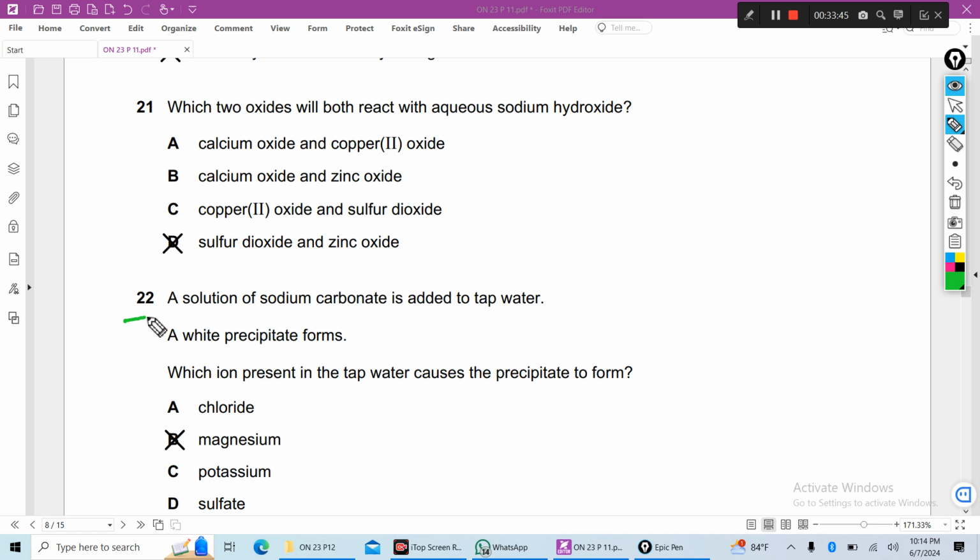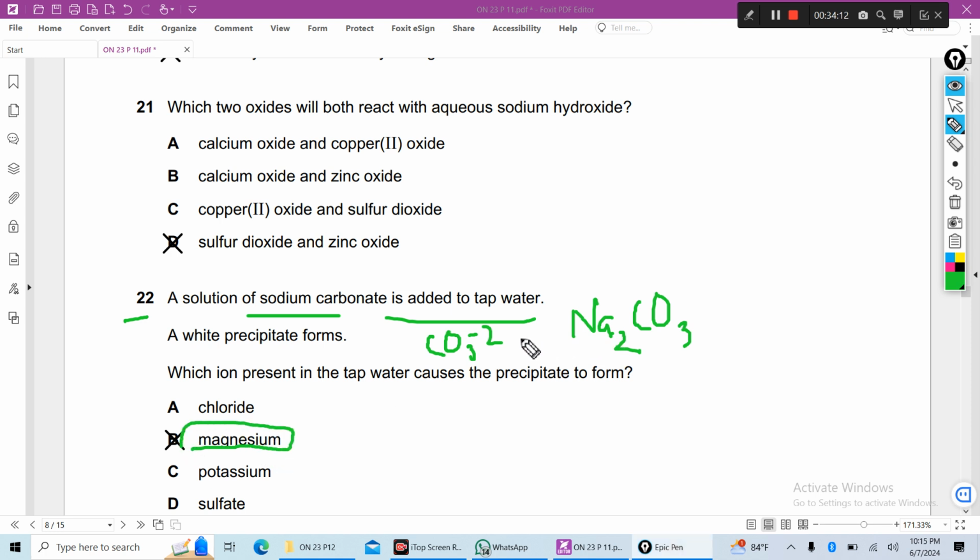Now 22. A solution of sodium carbonate is added to tap water. Sodium carbonate means Na2CO3. Here carbonate ion is present, CO3 2-. So which ion present in the tap water will cause the precipitate to form?